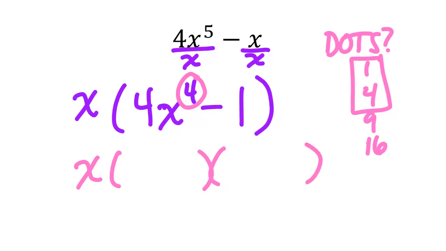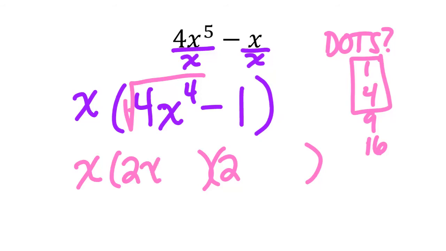And I'm looking for the square roots. So if I take the square root of 4x to the 4th, what's the square root of 4? 2. And a square root of x to the 4th is x squared. And square root of 1 gives you 1. And then you have a minus and a plus.